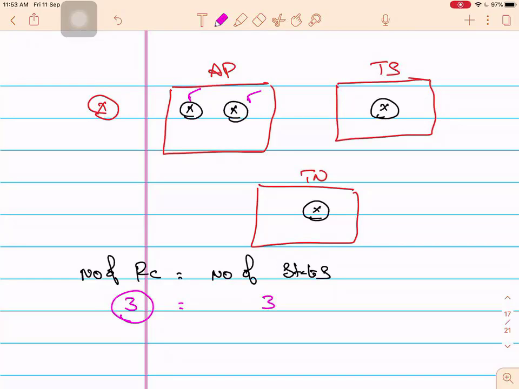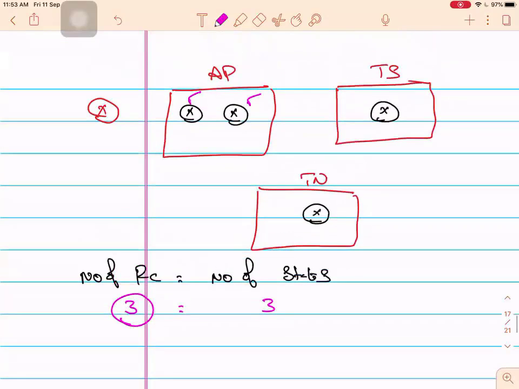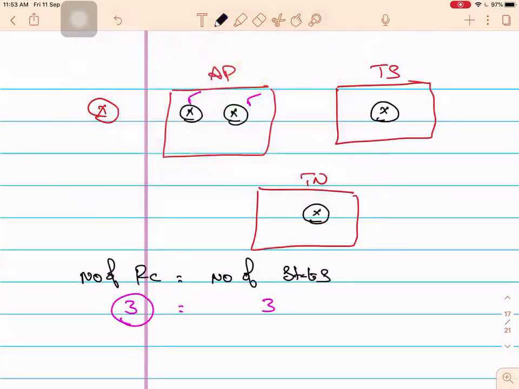Yes, definitely Mr. X is able to obtain separate registration. So Mr. X can get separate RCs for these two places. Understood what I am saying?